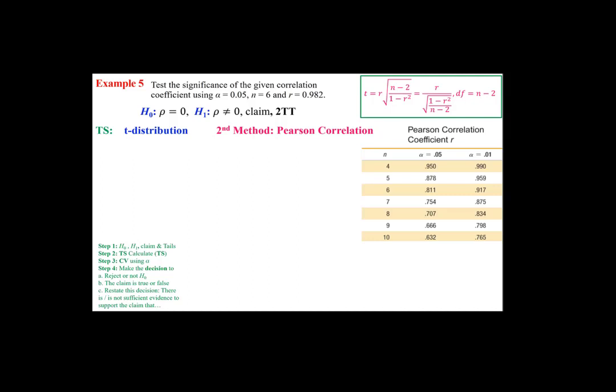If we are going with the t-distribution, look at the top formula. The formula for t is given, and we need the value of r to calculate it. We just plug in. t equals r, 0.982, times the square root of n minus 2, 6 minus 2, over 1 minus r squared, 1 minus 0.982 squared. You do the math, and you come up with the test statistic for the t-distribution.